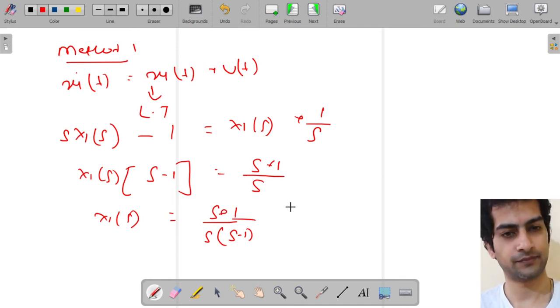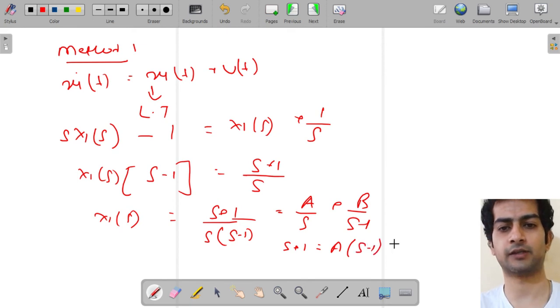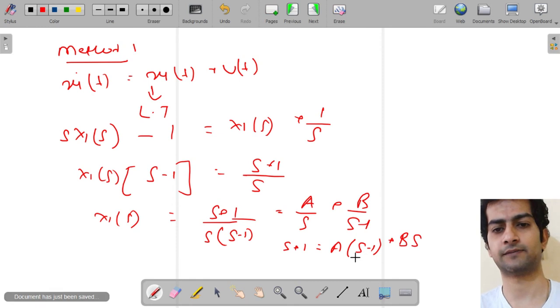This is our x1(s). On this side, s minus 1, s plus 1 by this. If we take the partial fraction of it, let's see what we will get. We will get s plus 1 equals A(s minus 1) plus B s.